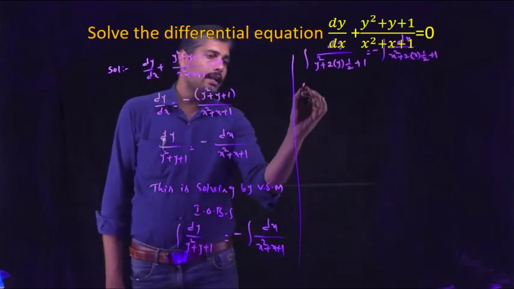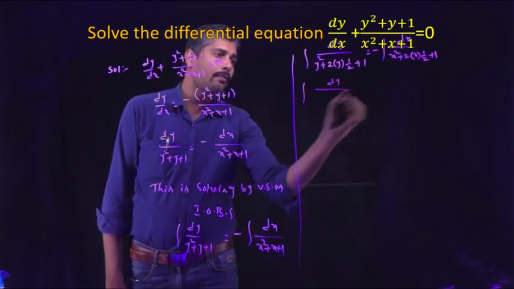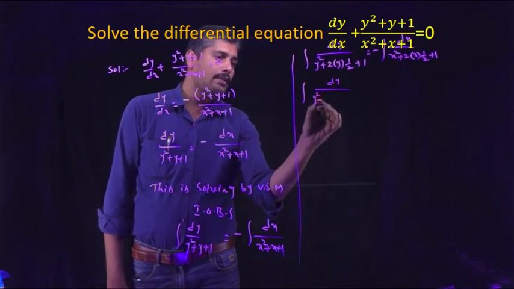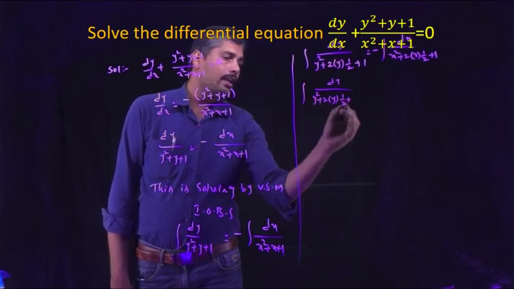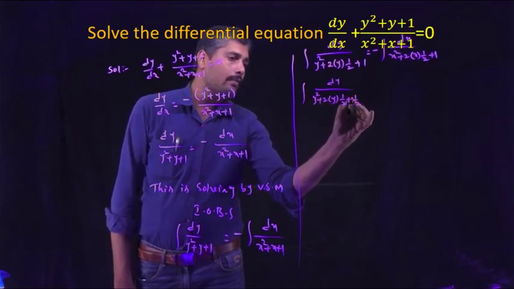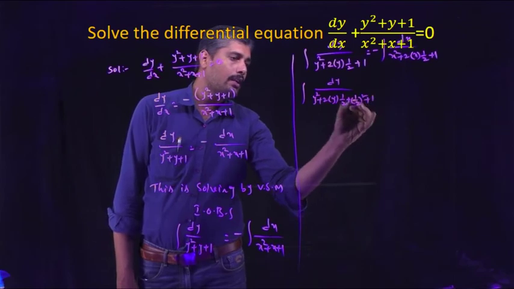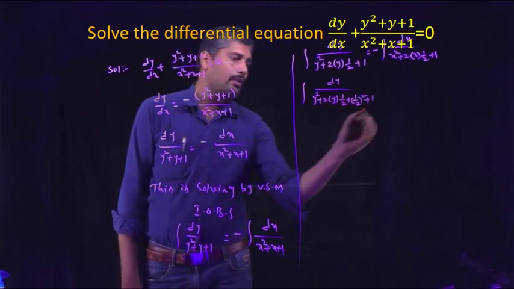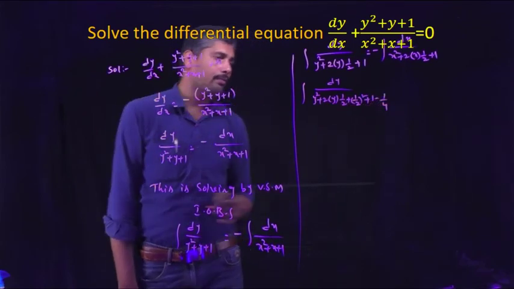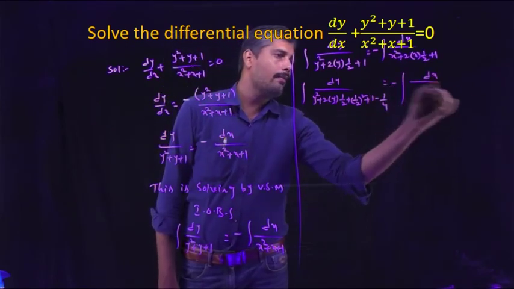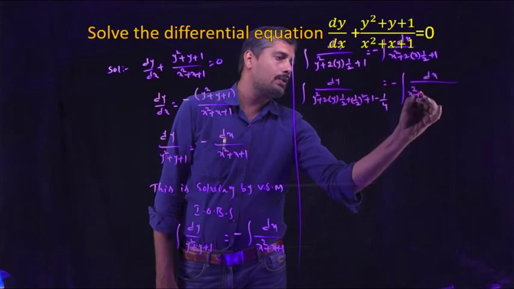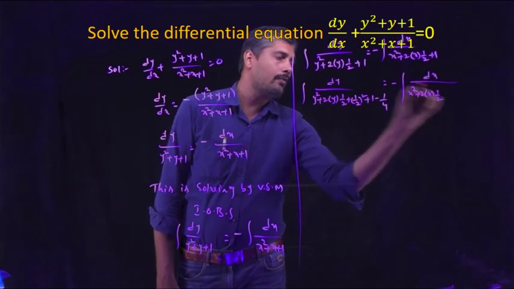Adding and subtracting, dy by y square plus 2ab plus b square, that is (1 by 2) whole square, plus 1. Here (1 by 2) whole square is 1 by 4, that is 1 minus 1 by 4. Here also the same: minus integral dx by x square plus 2 into x into 1 by 2, that is 2ab.